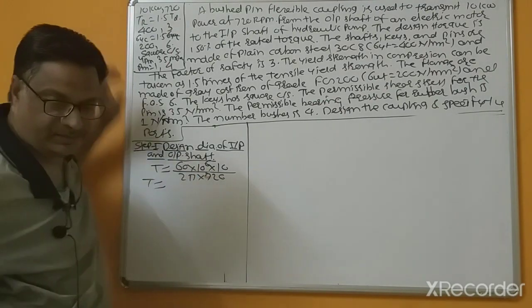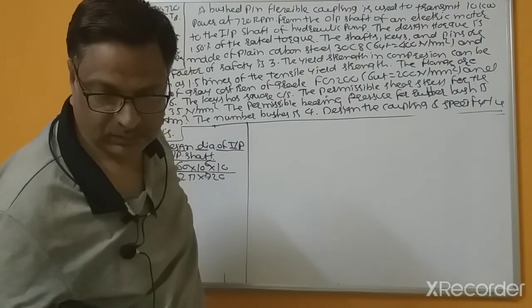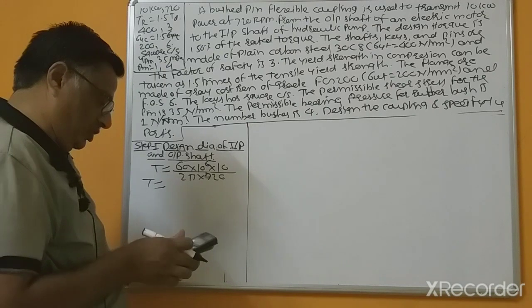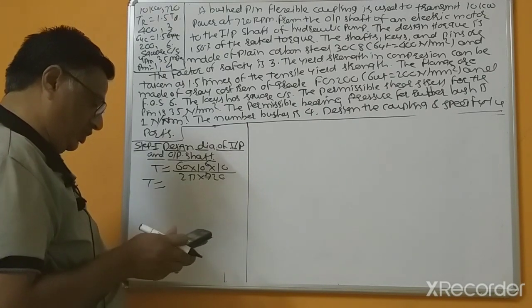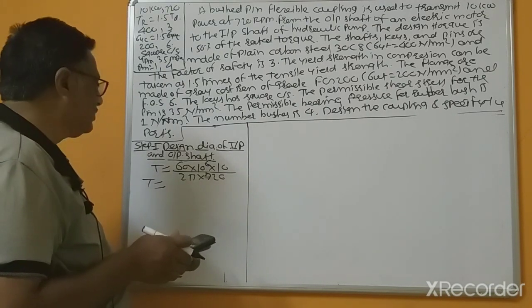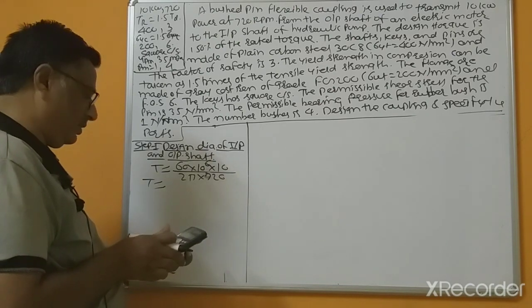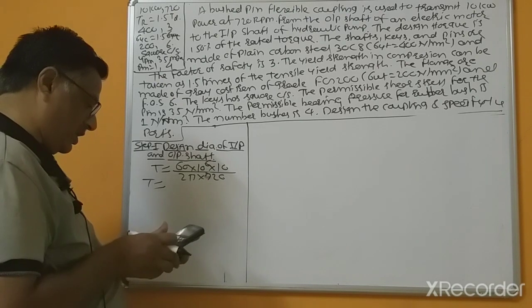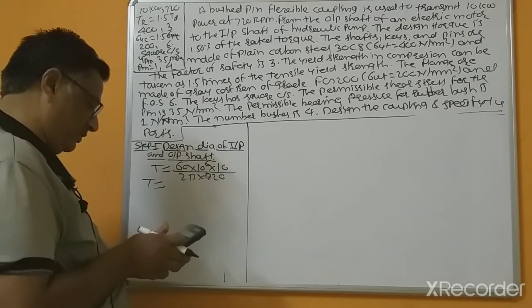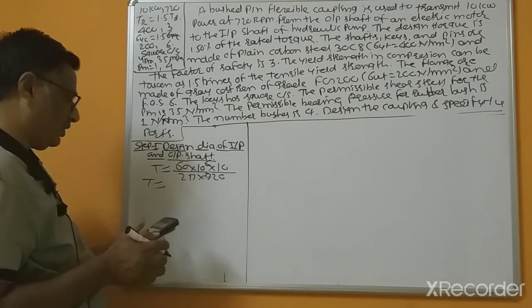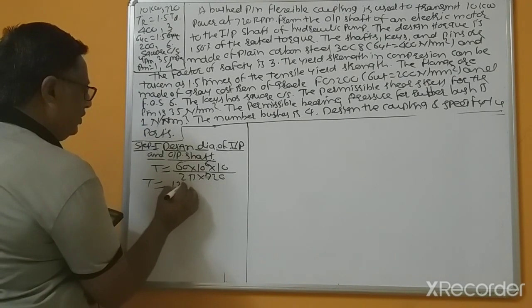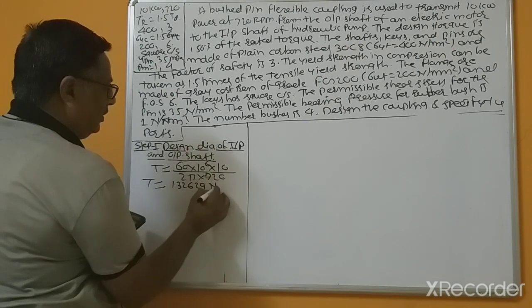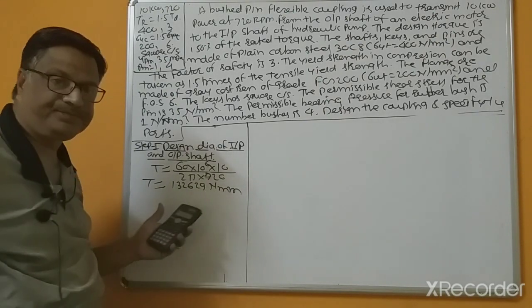T equal to 60 into 10 to the power 6 multiplied by 10 divided by 2 pi into 720, and this is 132,629 Newton mm.